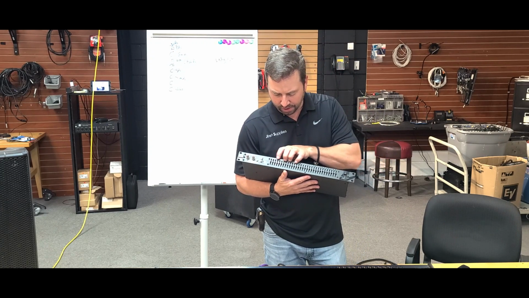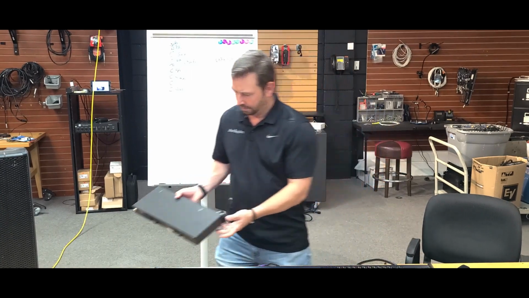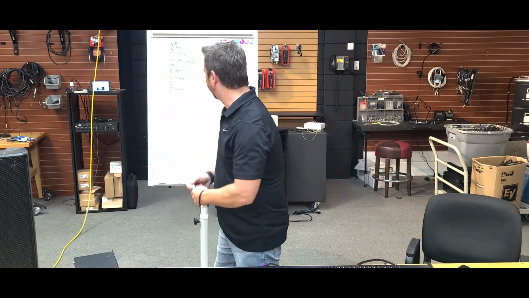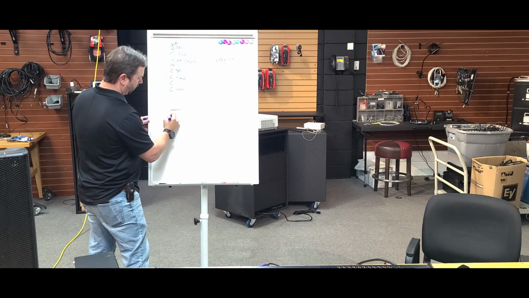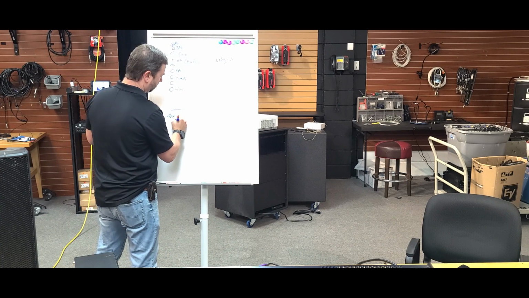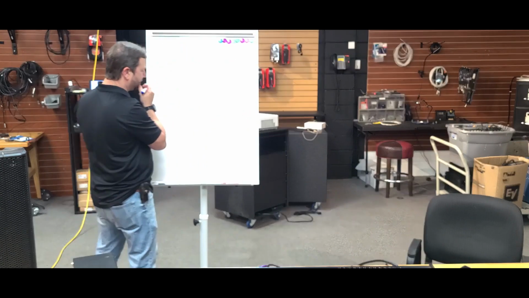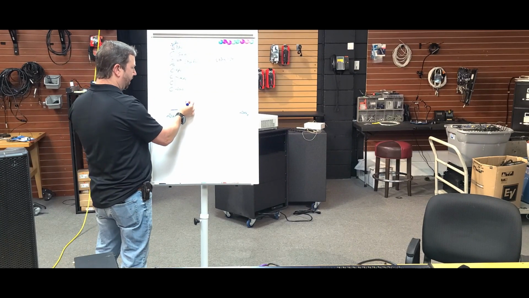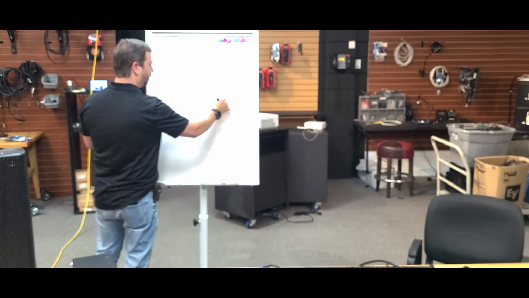So you can think of it a couple different ways, but I'm going to pull this out again. We've got 20 and 20. I think we talked about this a little bit last week, but you kind of got lows, mids, and highs.